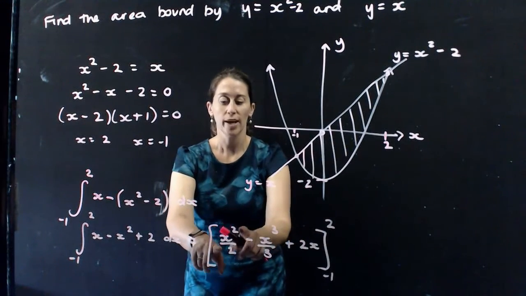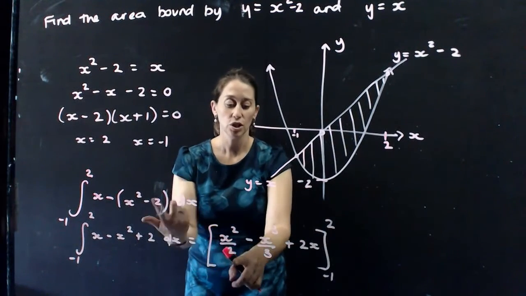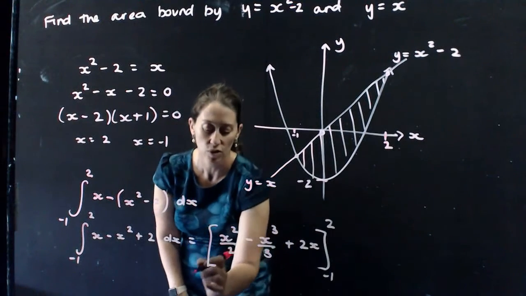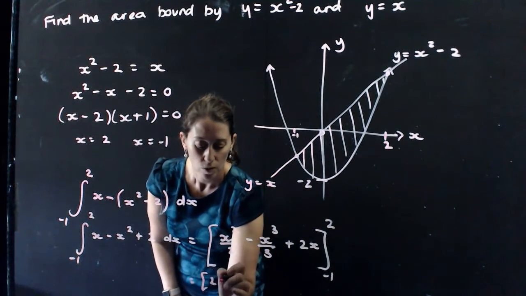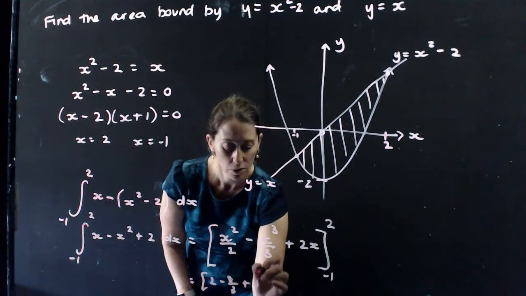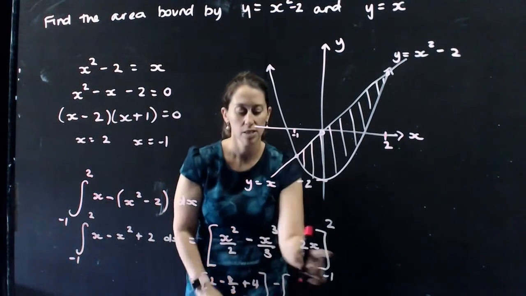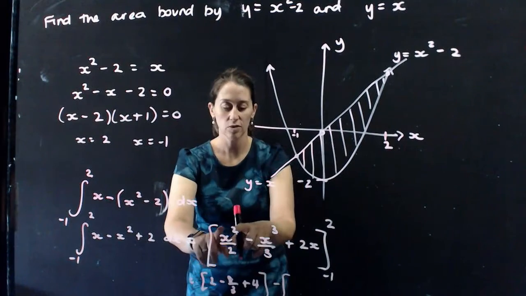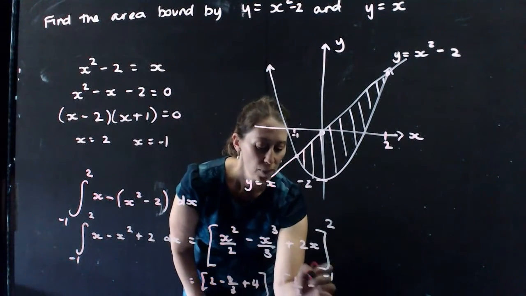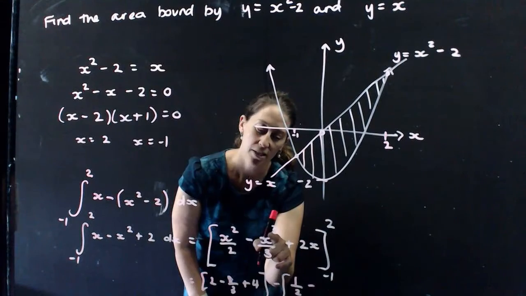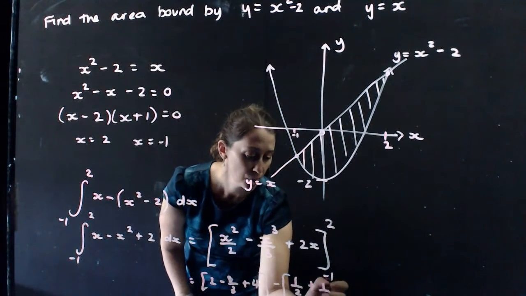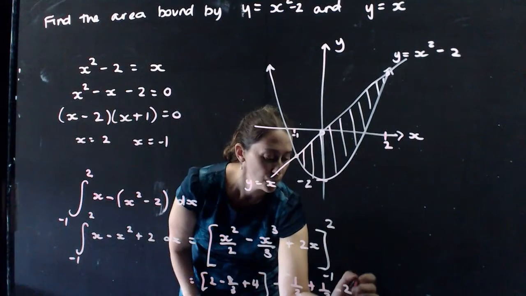Now I'm going to substitute the values in and find out what that area is. So 2 squared is 4, over 2 is 2, minus 2 cubed is 8 over 3. So I've got 2 minus 8 over 3, plus 2 times 2, which is 4, so plus the 4, subtract, and sub in negative 1 here. Negative 1 squared is 1, over 2, obviously, minus, and that becomes negative 1 cubed is negative 1, making it positive 1 over 3, minus 2.